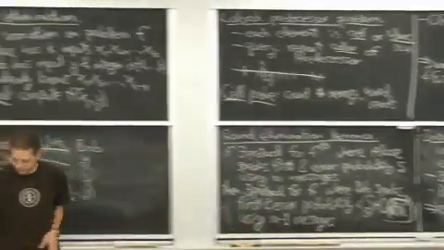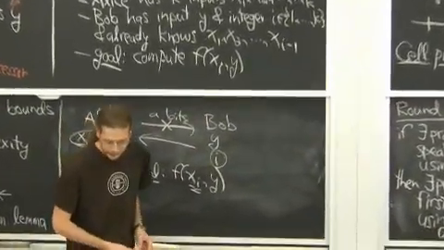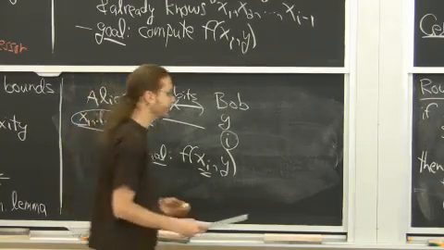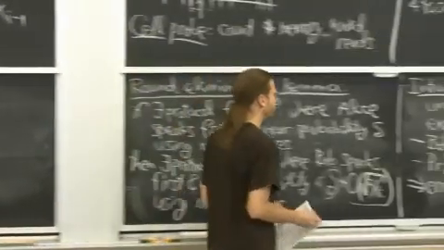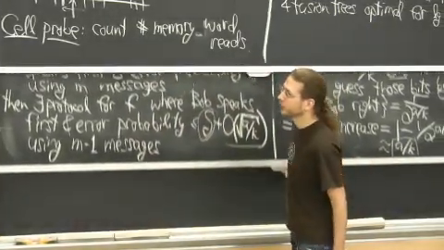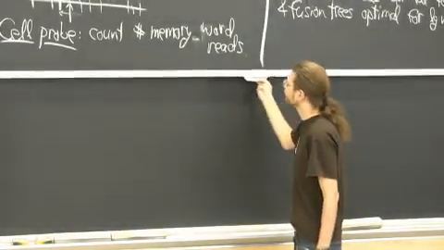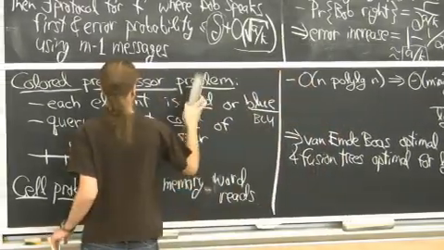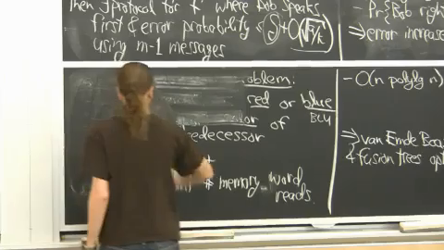All right, so that's some rough intuition for round elimination. Let's see why it is so cool to have round elimination, how it lets us prove a pretty strong lower bound on colored predecessor in the cell probe model.